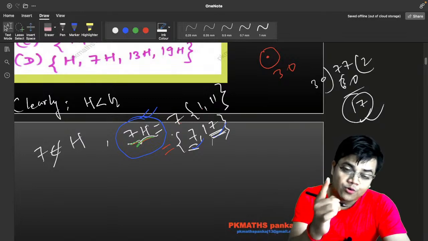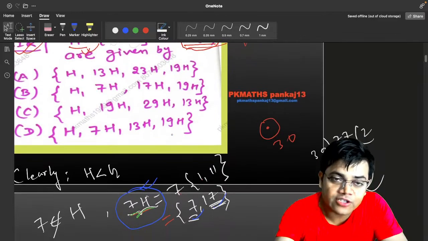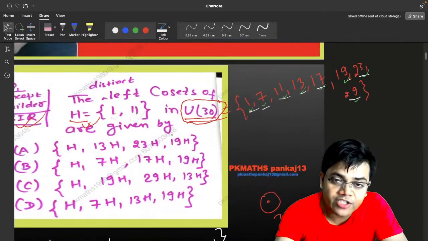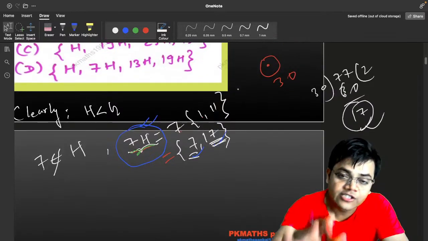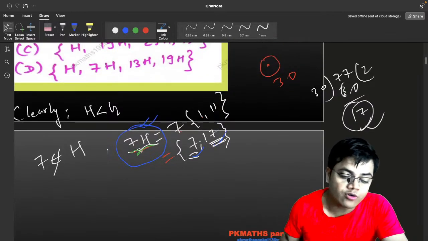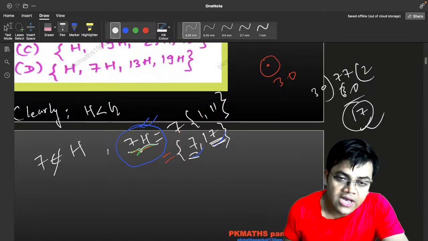Now if you want to write another quotient, then you have to take the elements from U30 other than 1, 11, 7 and 17. Except these 4 elements, you have to choose other elements. In that case, what shall we take?